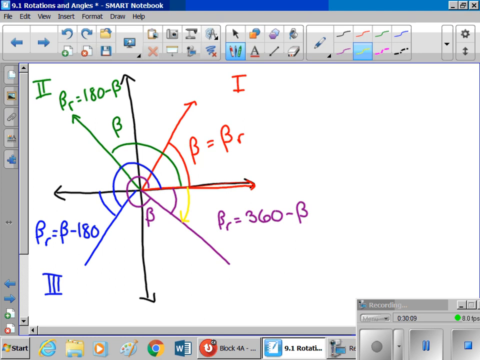But if this is like negative 40 degrees or something, then we're going to have a beta r of 400, and that can't possibly be right because all of our reference angles have to be acute, which means less than 90. So this is only going to work if we have a positive angle. If we have a negative angle, you're going to have to reduce by 360s before you can get to what you need.